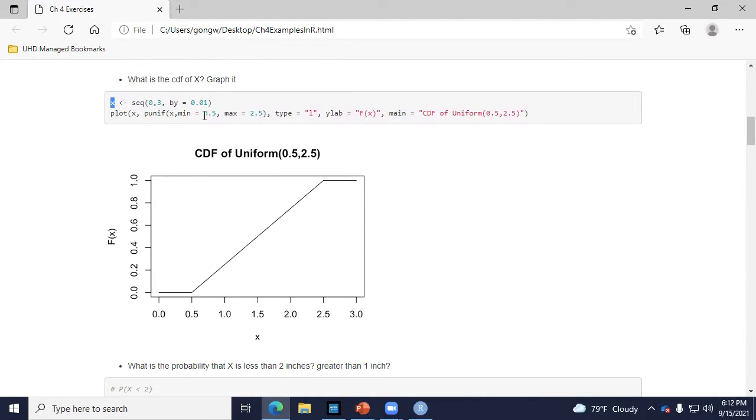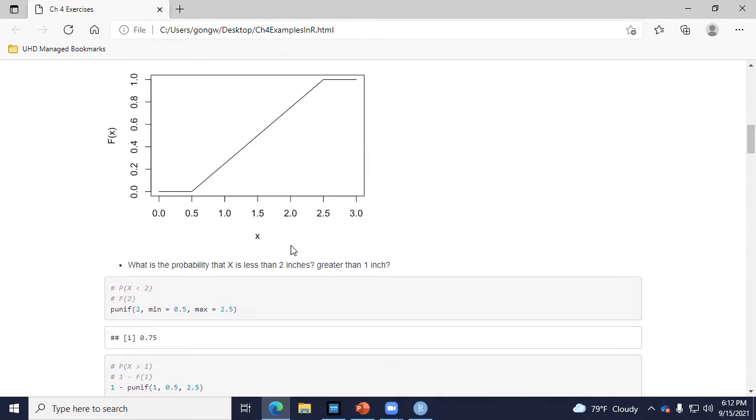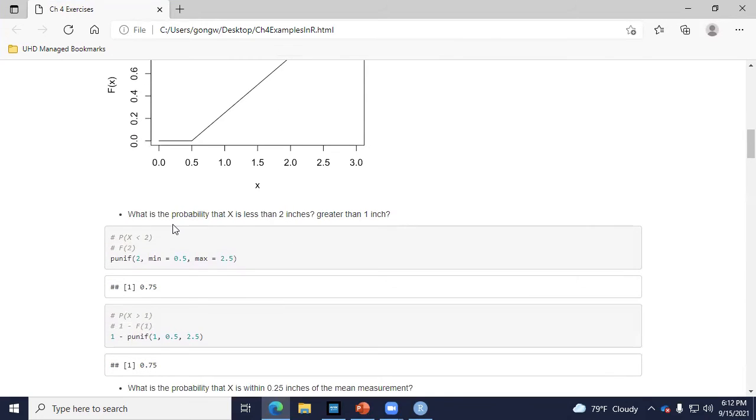And again, you specify this min and max, the range for your uniform distribution, and you plot the CDF. Then you get it. But if I ask you what is the probability that X is less than 2 inches, which means I'm asking for the probability of X less than 2.